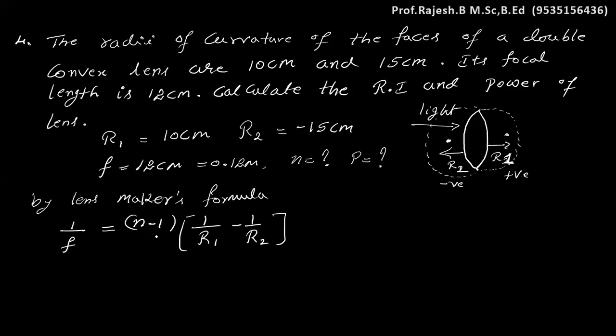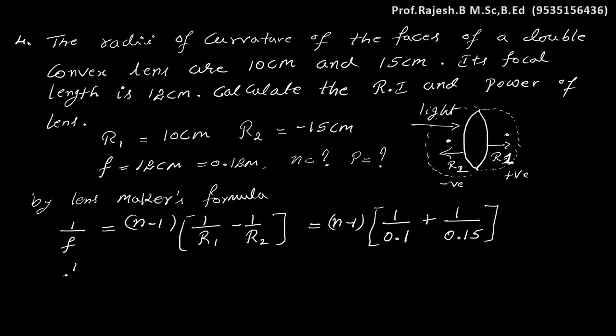Okay. Now I want the n minus 1 here. So I'll just substitute the values of r1 and r2. It becomes 1 divided by r1, 10 centimeters, I'll convert into meter, 0.1 meter. Minus into minus becomes plus, and 15 centimeter I'll write as 0.15 meter. And this 1 by f is 1 divided by 0.12.